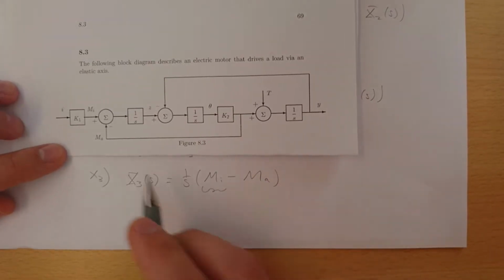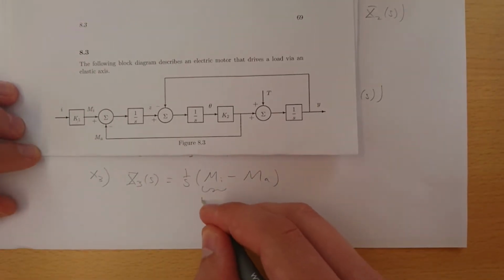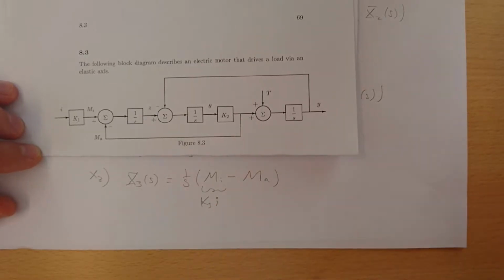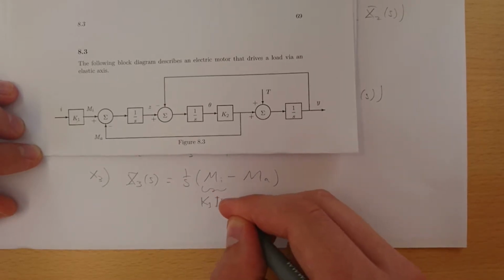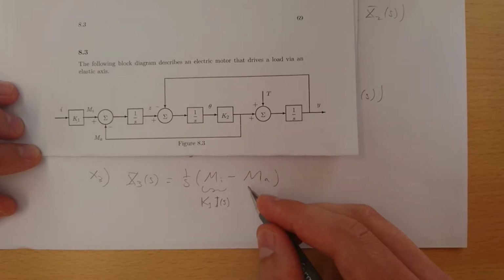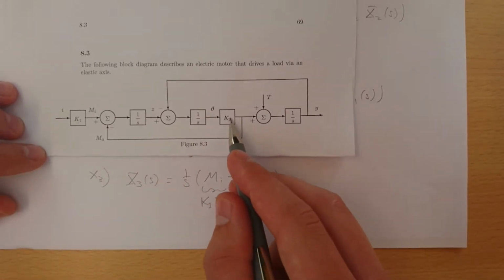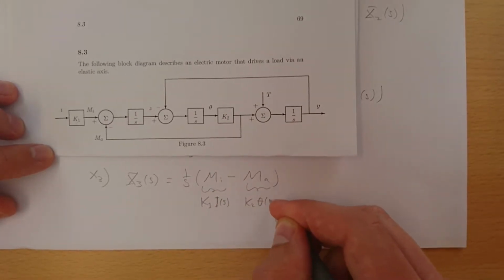Well, mi here is just k1 times the current I, and since we're in the Laplace domain, it's capital I of s, the Laplace transform of the current, and then ma is equal to k2 times theta, so it's k2 times theta of s.